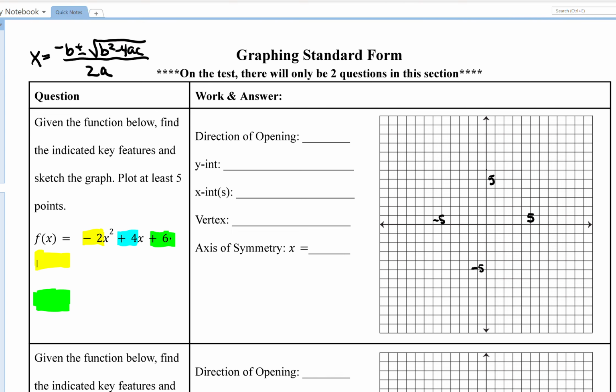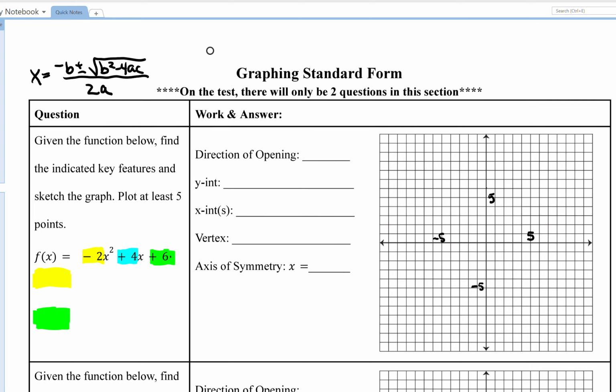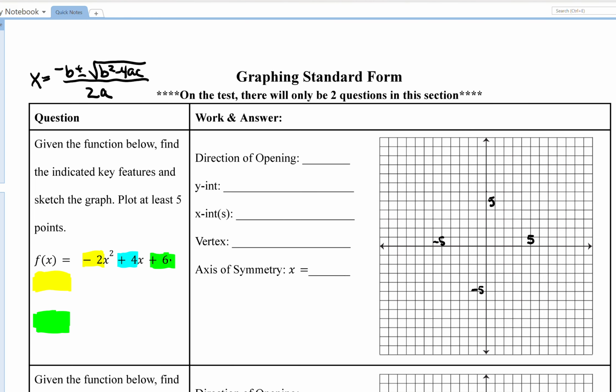Let me write this in here. There's A and then B. And so A is -2, B is a +4, and C is a +6.